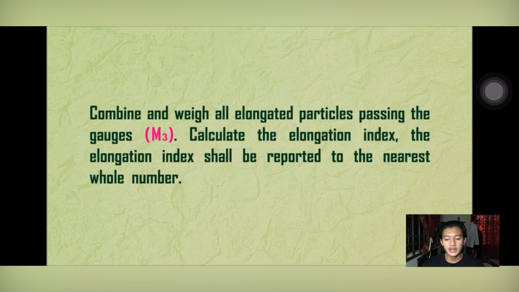Combine all the weight elongate particle passing the gauge M3. Calculate the elongation index. The elongation index shall be reported to the nearest whole number.